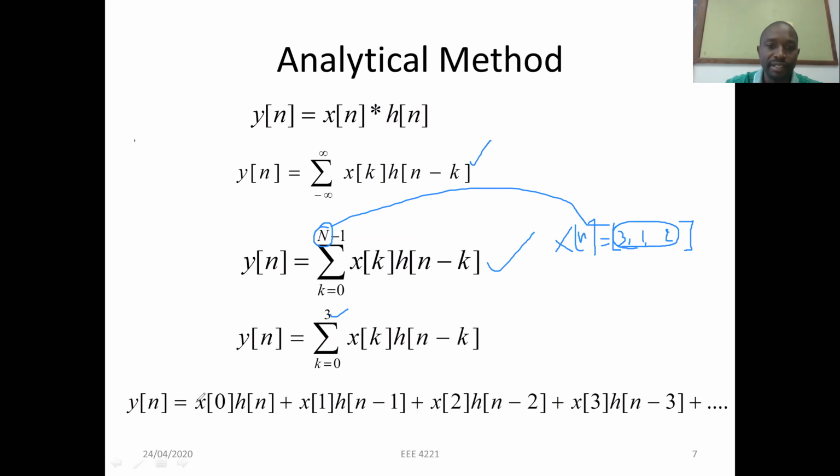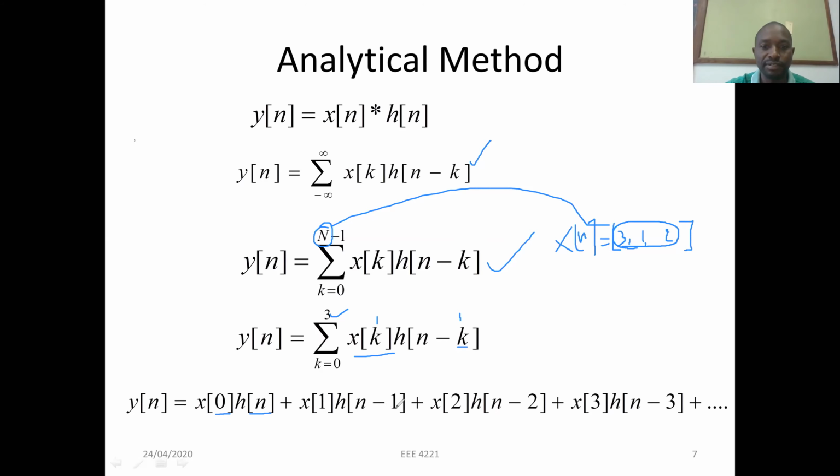And then we can now expand this equation, x of k, by putting k equals 0. If we put k equals 0, then you're going to have x of 0 here, and this one will simply be h of n. In the second term, when we put k equals 1, you put 1 everywhere, and you're going to have x of 1, h of n minus 1.